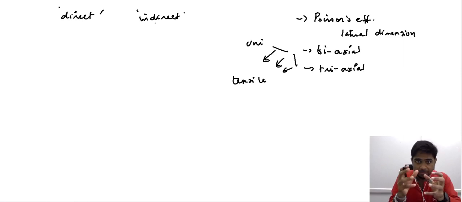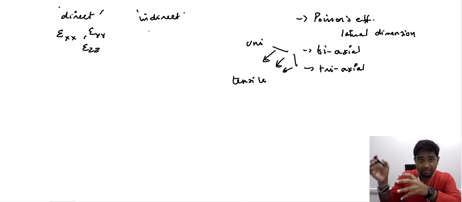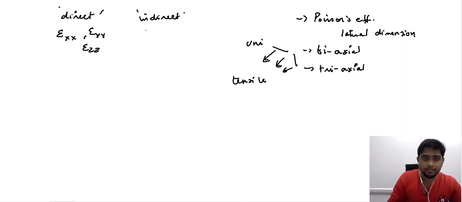We use two subscripts for the epsilon that is conventionally used to describe the strain. Now in the case of direct response, the epsilon assumes identical subscripts. In case of indirect response under triaxial loading, the epsilon assumes dissimilar subscripts.